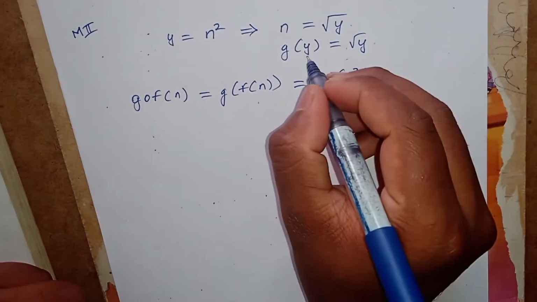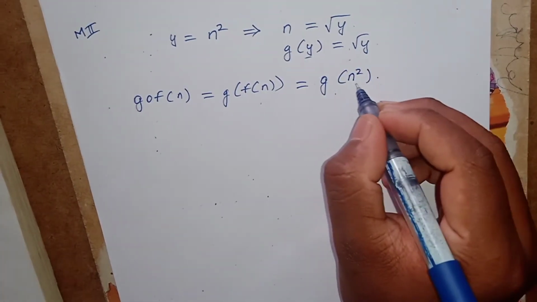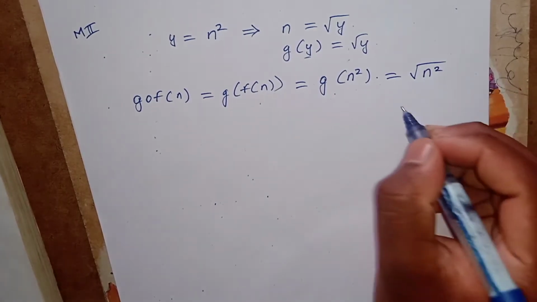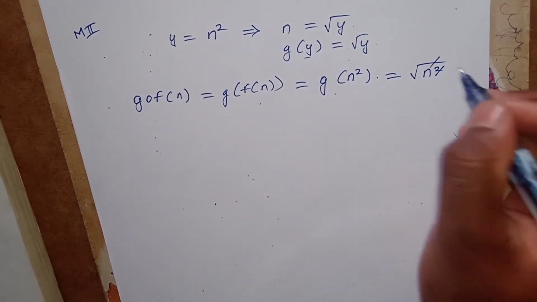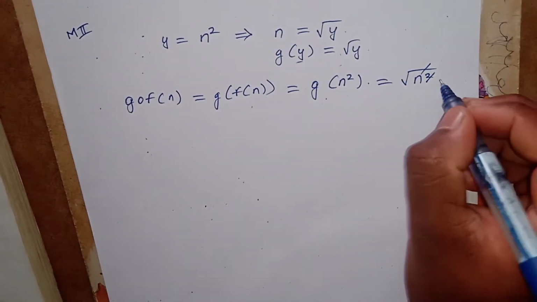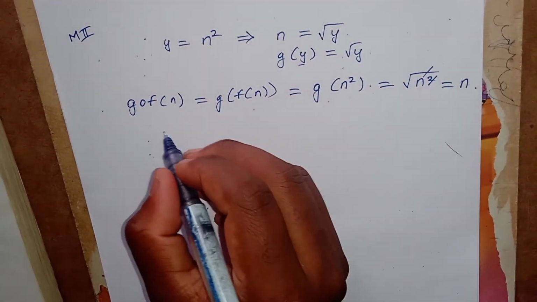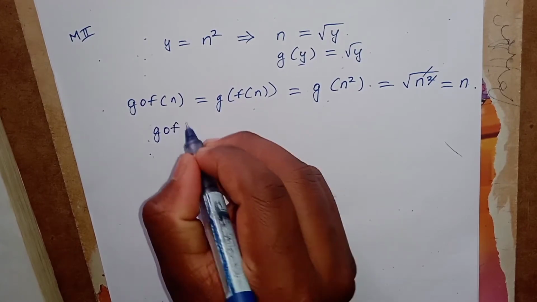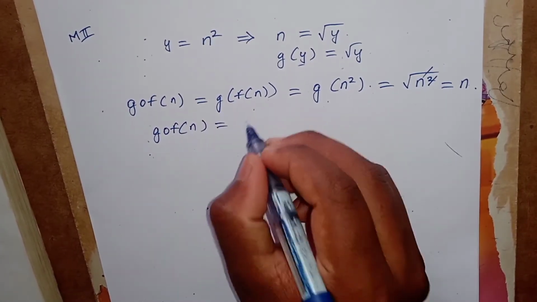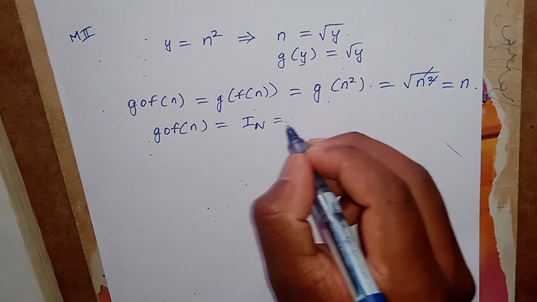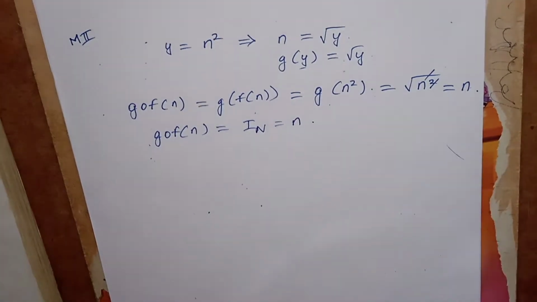Here in the place of y it is my n square, therefore root of n square. Here squared and root cancel each other, therefore n. g naught f of n is equal to I_N, here I_N is nothing but 1 into n, here it is n.